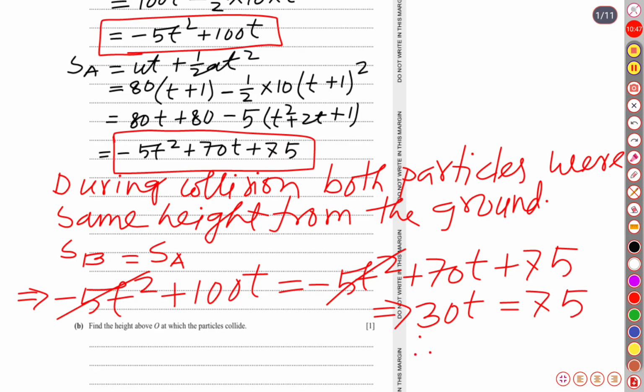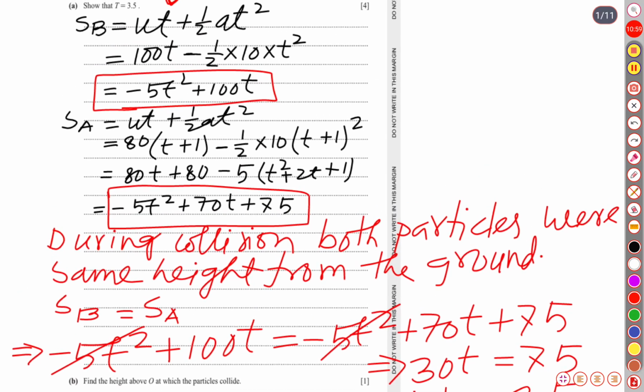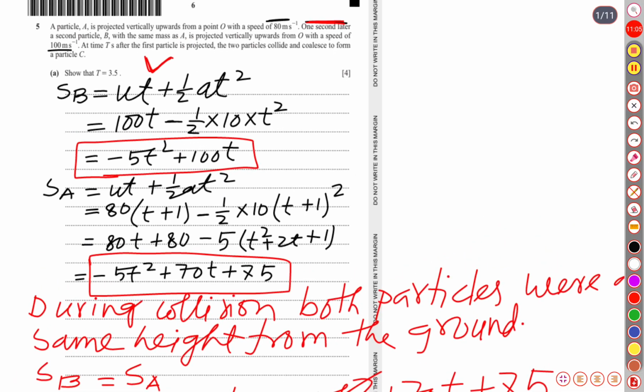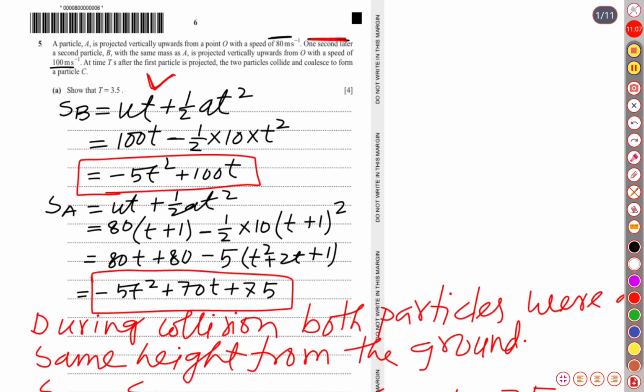Hence our t is equal to what? 2.5 seconds. We should not forget that t was the time taken by particle B. But what did the question tell us? The question has told us to show that t is equal to 3.5, and t is what? At time t seconds after the first particle projected.